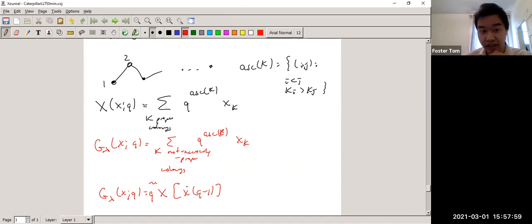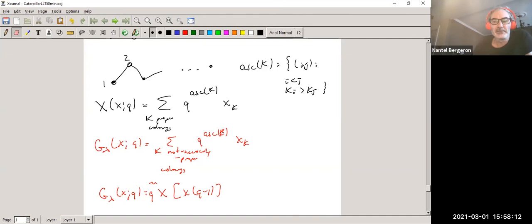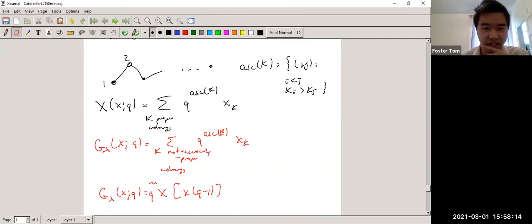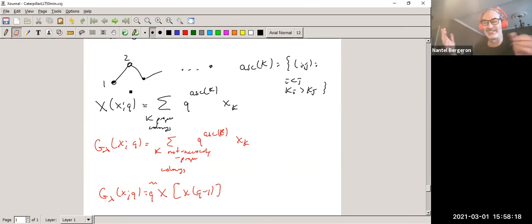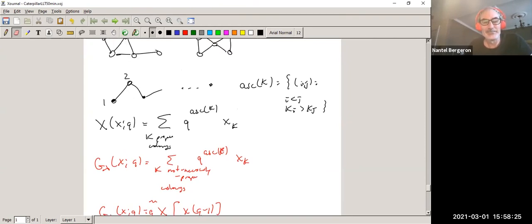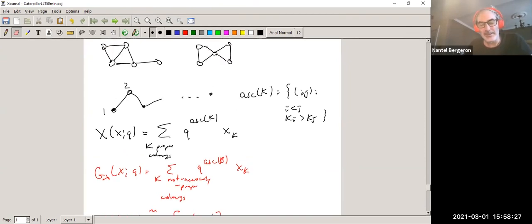But in fact, it implies that linear relationships between these chromatic symmetric functions are equivalent to linear relationships between LLT polynomials. But this is only for unimodular, right? Yeah, just the unicellular case. Yeah, unicellular. Sorry, I always say wrong words, but yes. Okay, thanks.